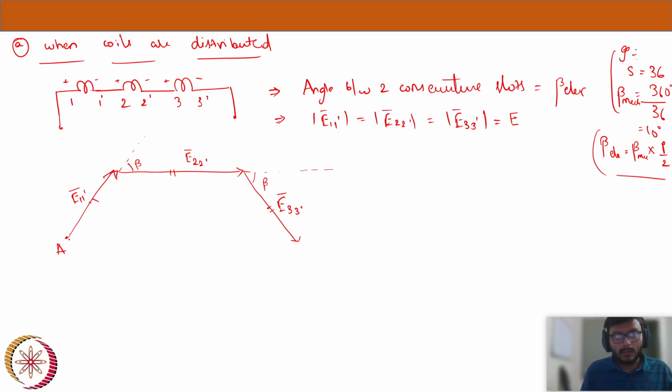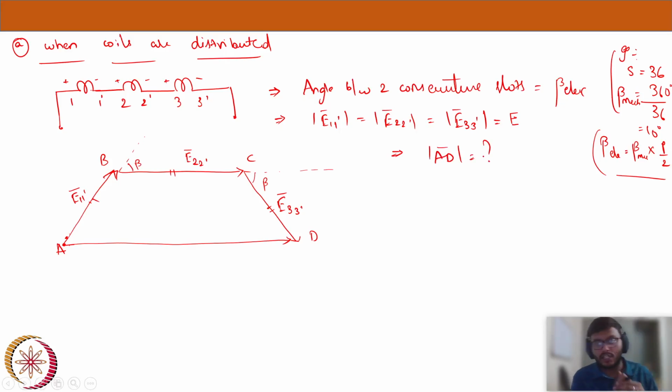So let's say this is A and B, C, D. I am interested to find AD magnitude. So that's the point of interest in this distributed kind of finding.